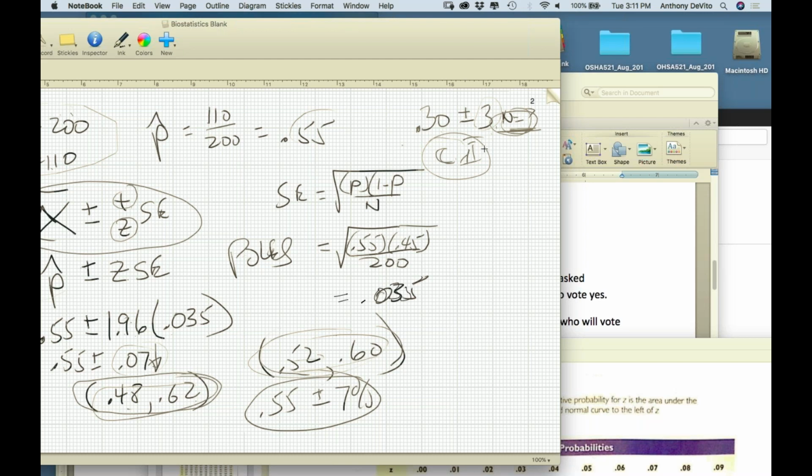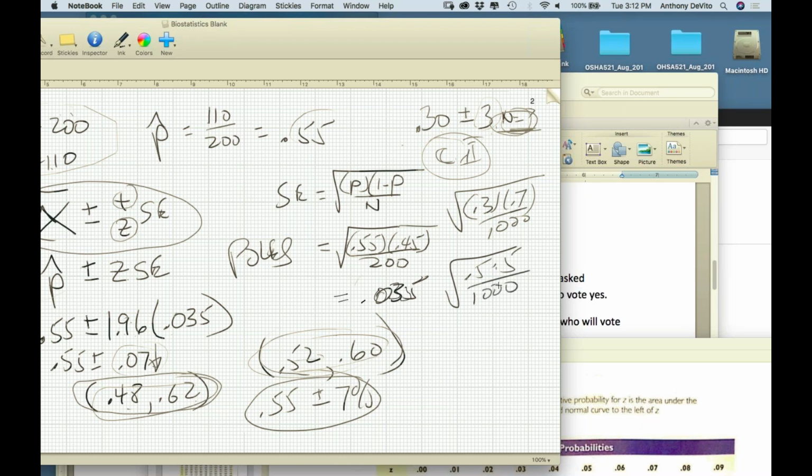And you know why it's not? Because they do a special cheat. Instead of using the square root of 0.3 times 0.7 over the sample size, whatever it is, say 1,000 people, they use the square root of 0.5 times 0.5 over the sample size.